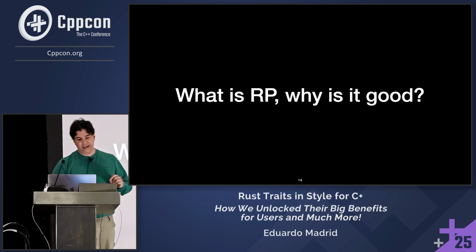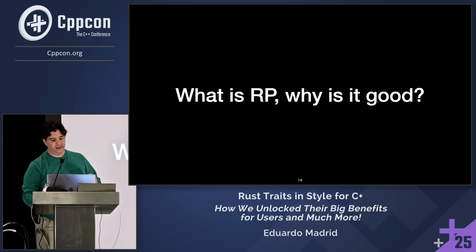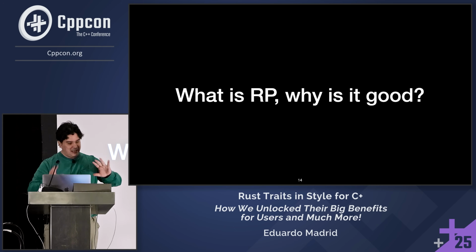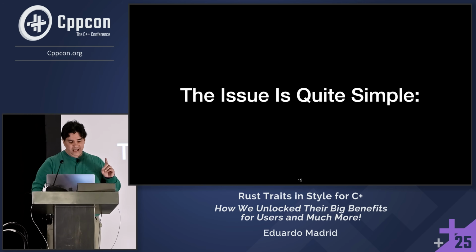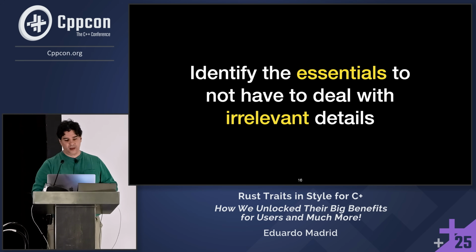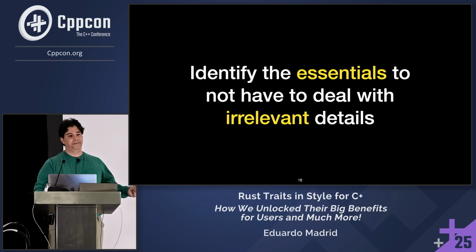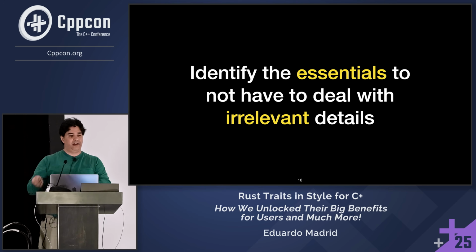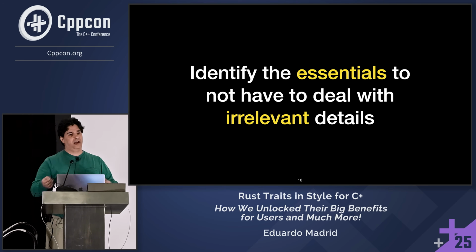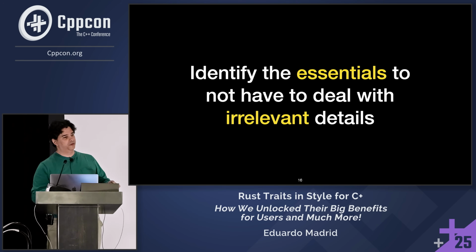the style part, but let's start with what is runtime polymorphism and why it is good. I know that everybody knows runtime polymorphism and why it is good, but let's review that. The issue is quite simple, in my opinion. We need to identify the essentials to not have to deal with irrelevant details. So it is an exercise of focus.